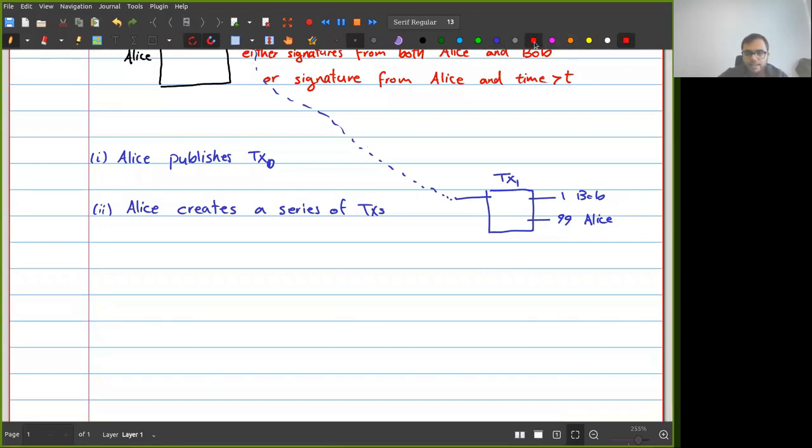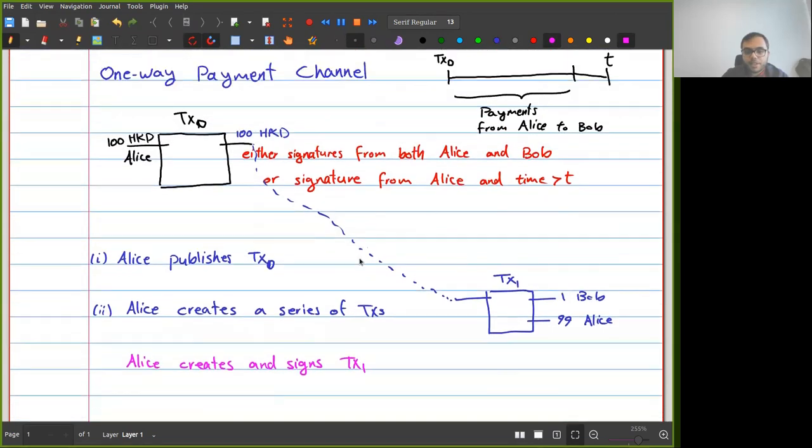So Alice creates and signs this transaction and sends it to Bob, but doesn't actually publish it on the network because, of course, it would be an invalid transaction. This transaction is using this output of transaction 0, and in order to use it, you need signatures from both Alice and Bob.